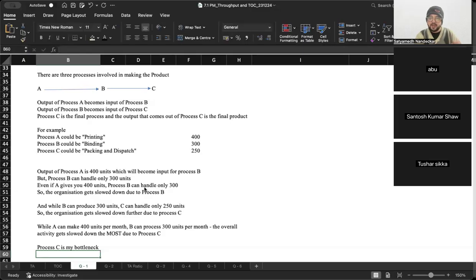Process C slows me down the most, and anyone that slows me down the most is my bottleneck.